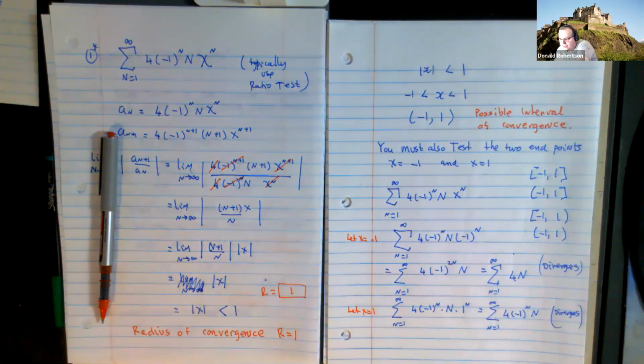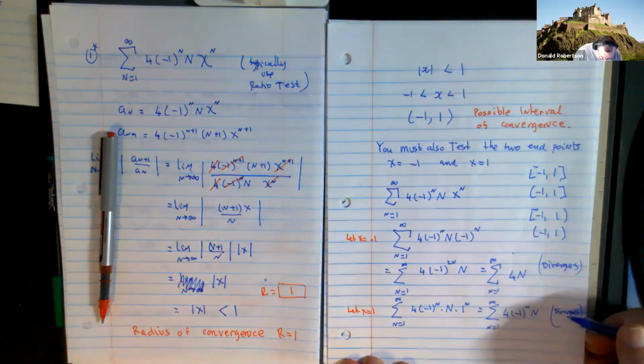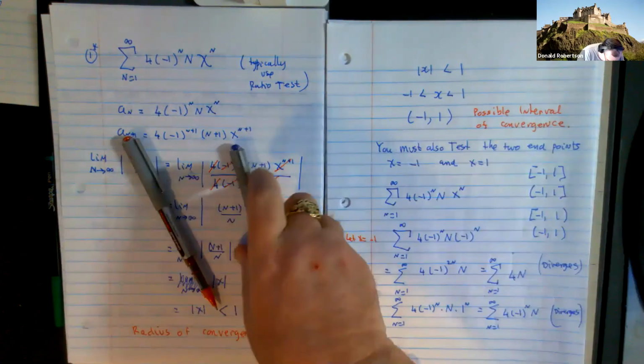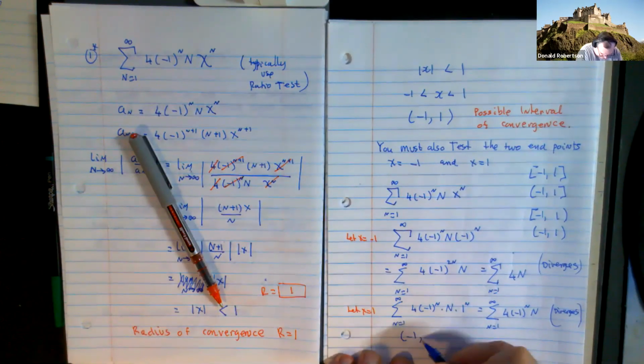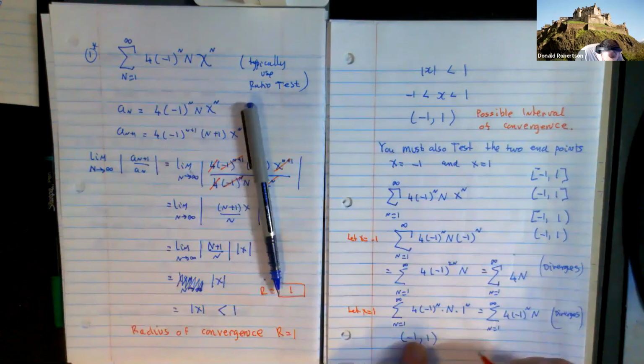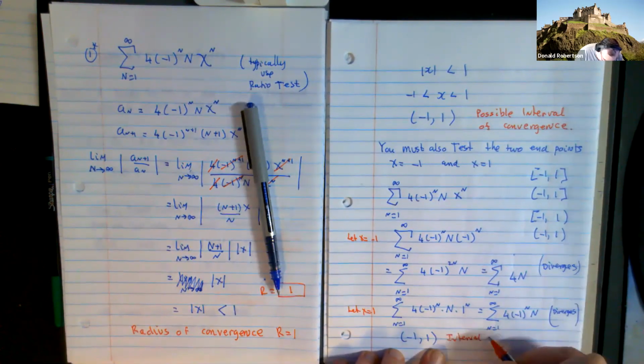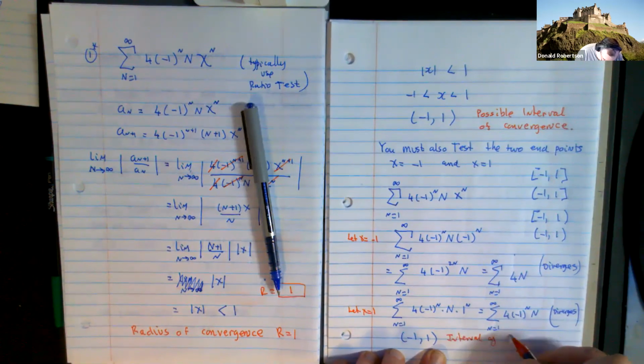Can you imagine an oscillating getting worse each time? It diverges. So since both of those are not any use to me, I now can take out the word possible interval of convergence and now replace it by, this is the interval of convergence.